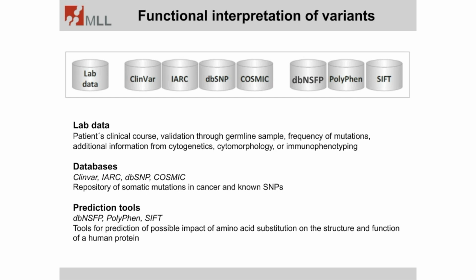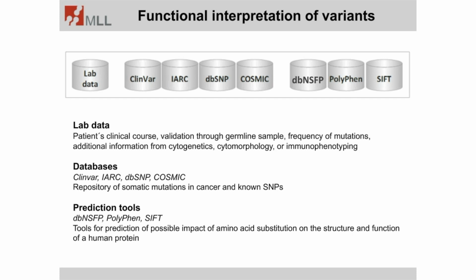So each variant is checked against presence in public variant databases such as COSMIC or ClinVar, or for somatic mutations in dbSNP for known SNPs. In addition, mutation impact prediction tools are used to calculate the severity of the impact of variants, to distinguish between pathogenic and benign.